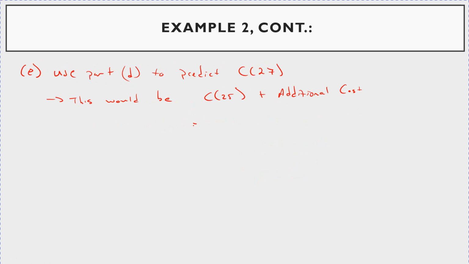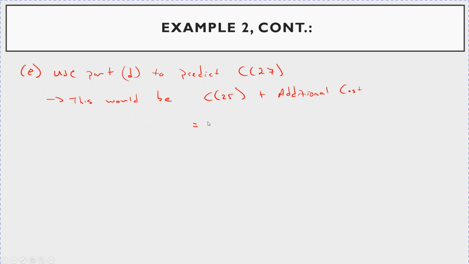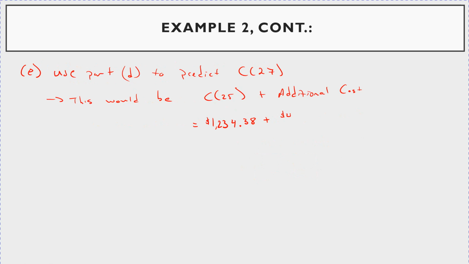Looking back, what was C of 25? It was $1,234.38. The additional cost was $48.76. When you add these two numbers together, you end up getting $1,283.14. And that's what we estimated using our calculus.